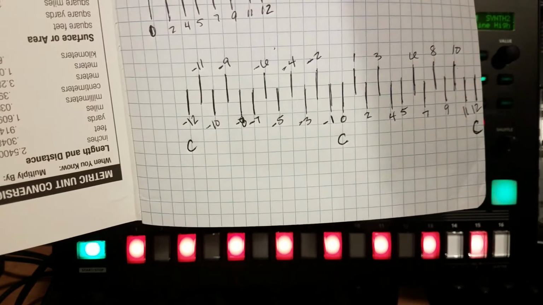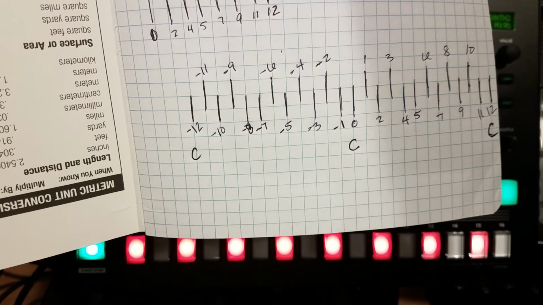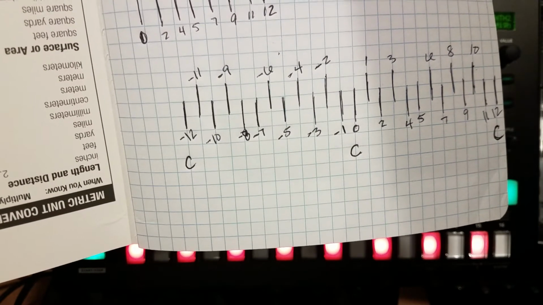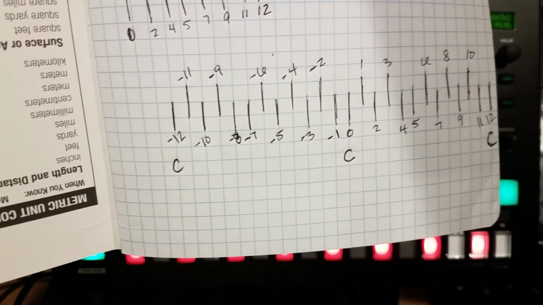Start with C as 0, create a keyboard with those bottom lines being white keys and the top ones being the black keys. Number them 0 to 12 and 0 to negative 12. That will give you 1 octave up and down each way.